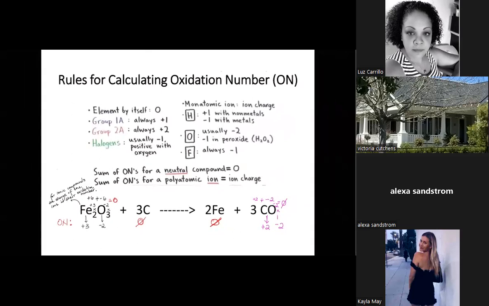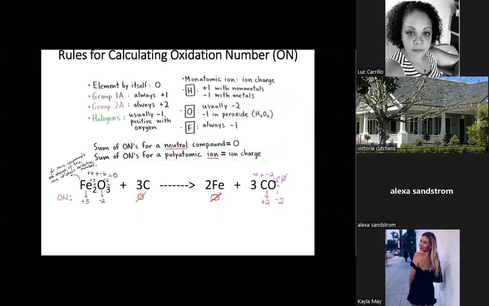Now, whenever we're trying to determine who got oxidized and who got reduced, I actually like to make a table, and I put all my elements that were involved in the reaction. I have iron, I have oxygen, I have carbon. And I'm going to write what the oxidation number was in the reactants versus the product for each of these.